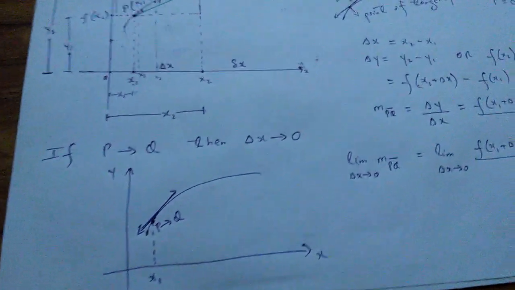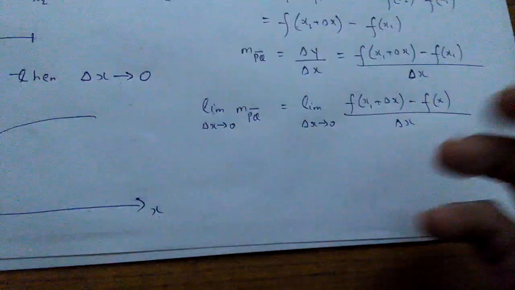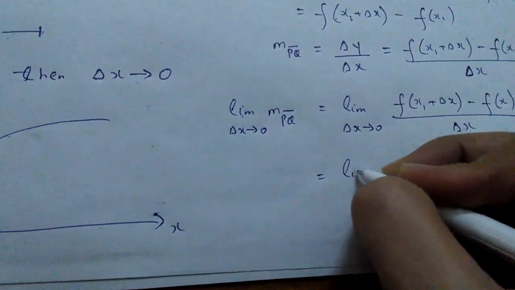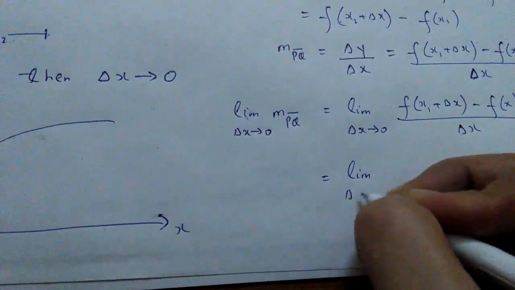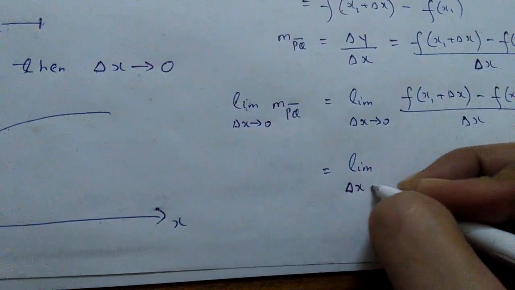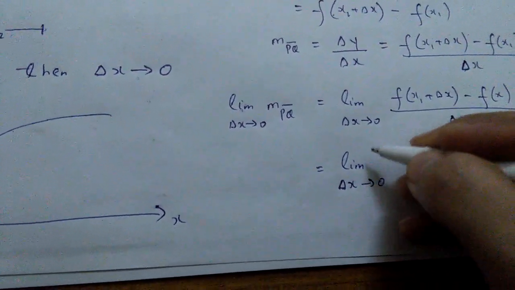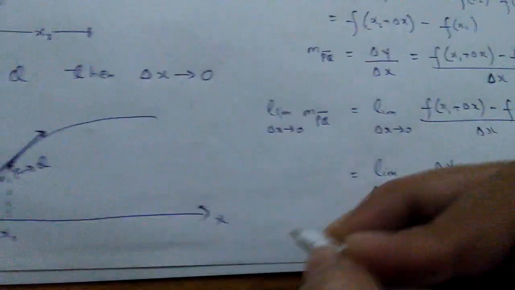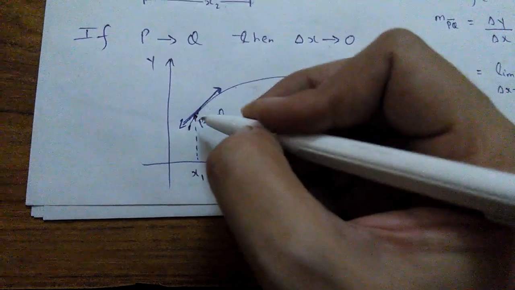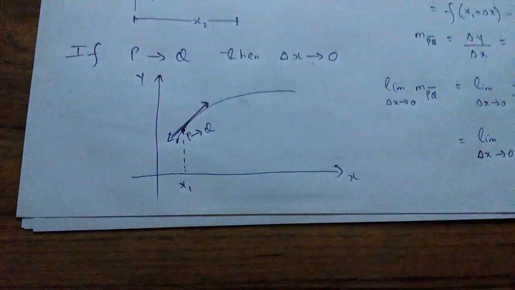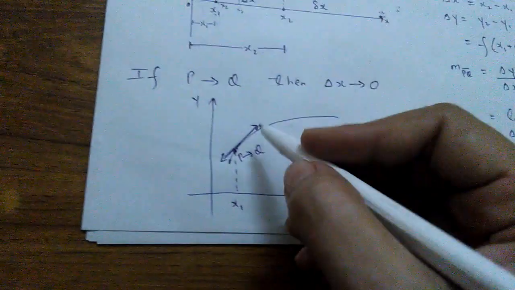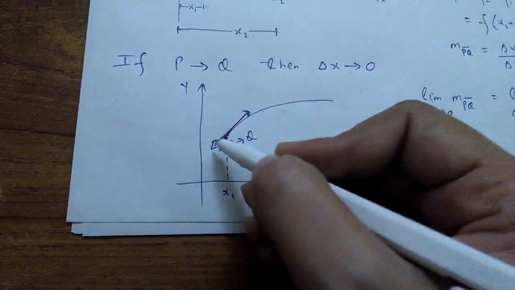All right, so I can write like this, that the limit of the slope of my secant line, which is actually representing the slope of the tangent line, the limit value of the slope of the secant line is equal to the slope of the tangent line.